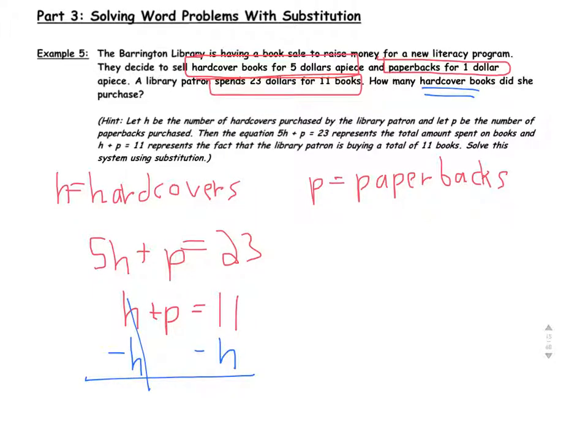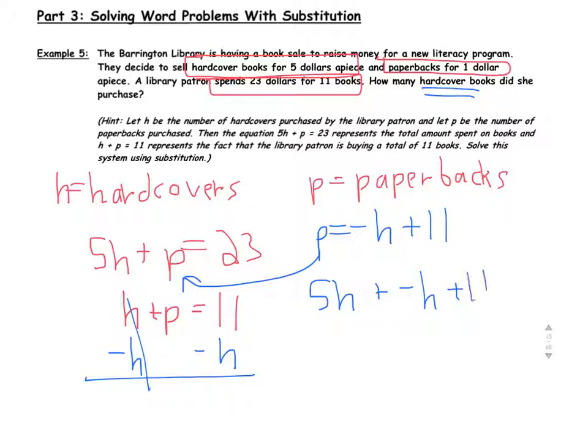That gives me P equals negative H plus 11. Now if I substitute this value into the other equation, I get 5H plus negative H plus 11. I'm not putting parentheses around this because there's no coefficient on P; it's just a 1. And that has to add up to 23.